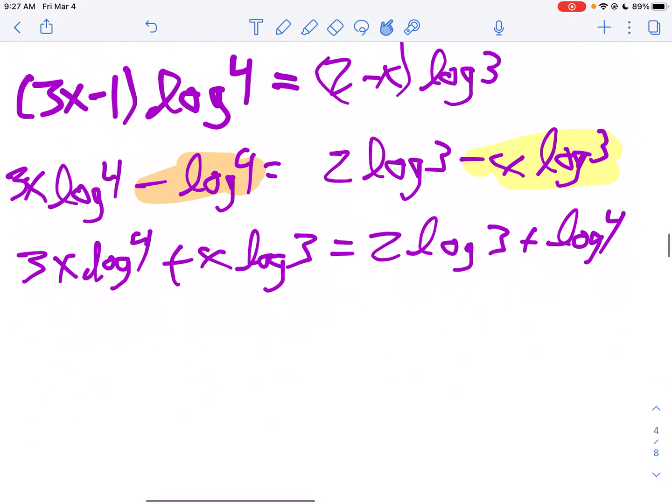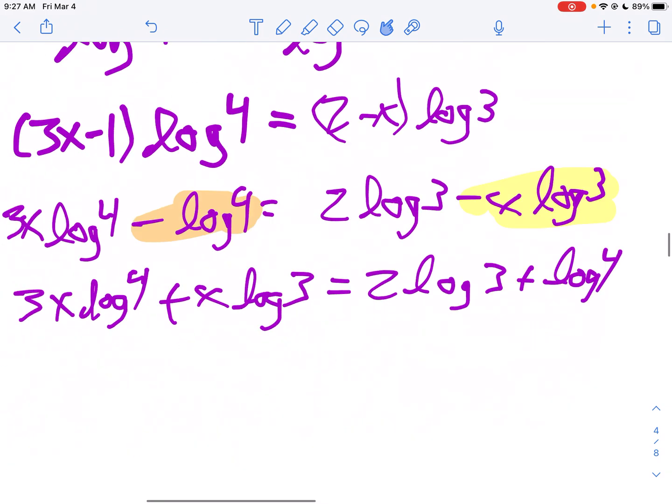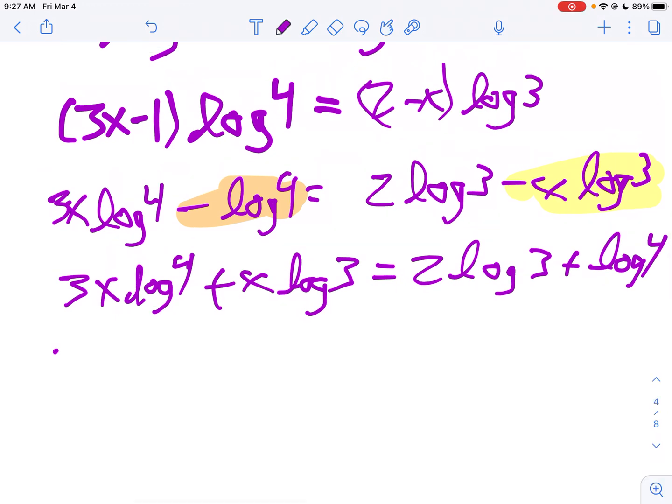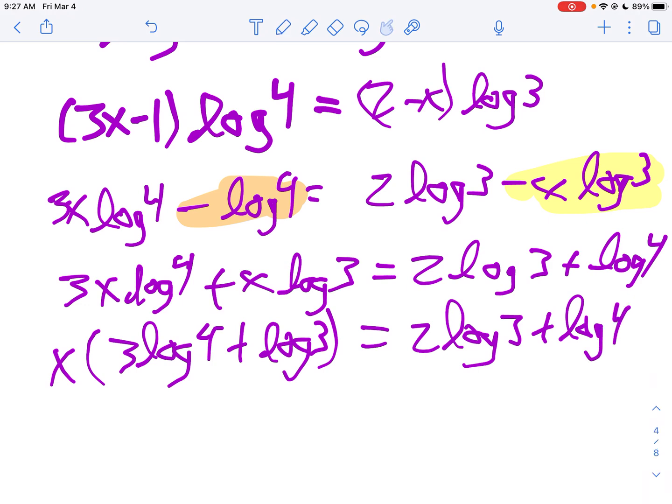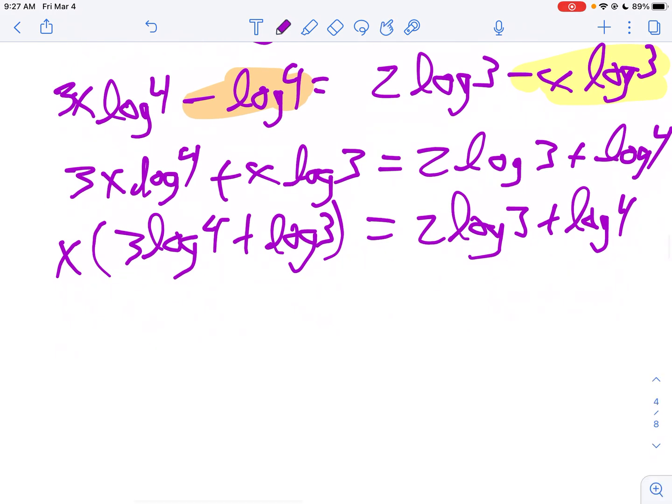Then let's factor that x out because we want to get x by itself. So I'm going to factor my x out. So x times 3 log 4 plus log of 3 equals 2 log 3 plus the log of 4. Then to isolate x, I'll divide by my parentheses.